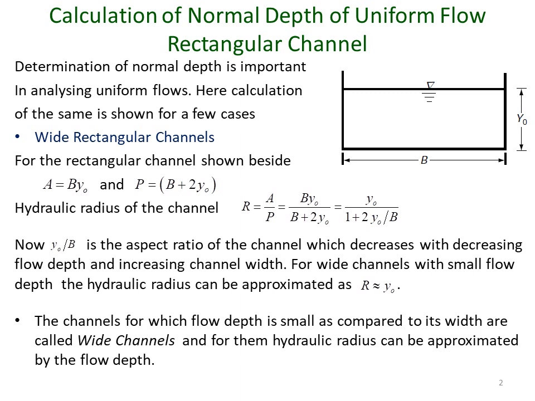So for the channels for which the depth of flow is quite small as compared to the width, so for very wide channels for which the depth of flow is negligible, or let's say very small as compared to its huge width, in that case the term y naught by b becomes negligible, and the hydraulic radius can be approximated as the flow depth of the channel, or R is approximately equal to y naught.